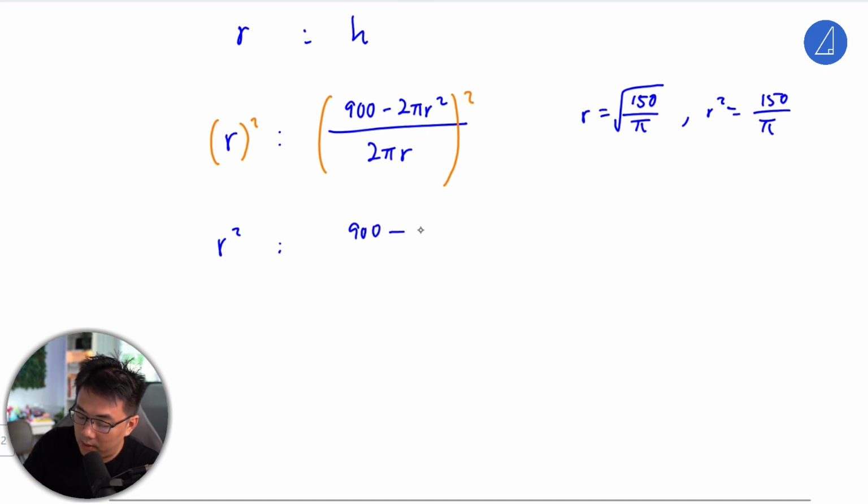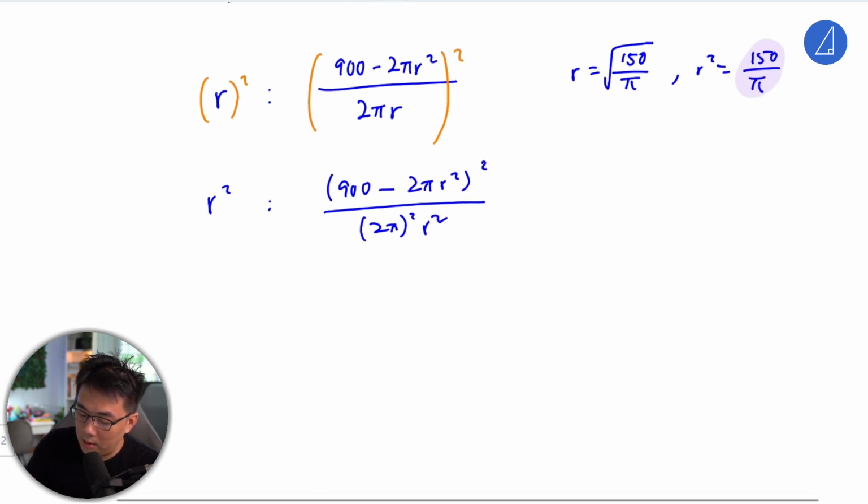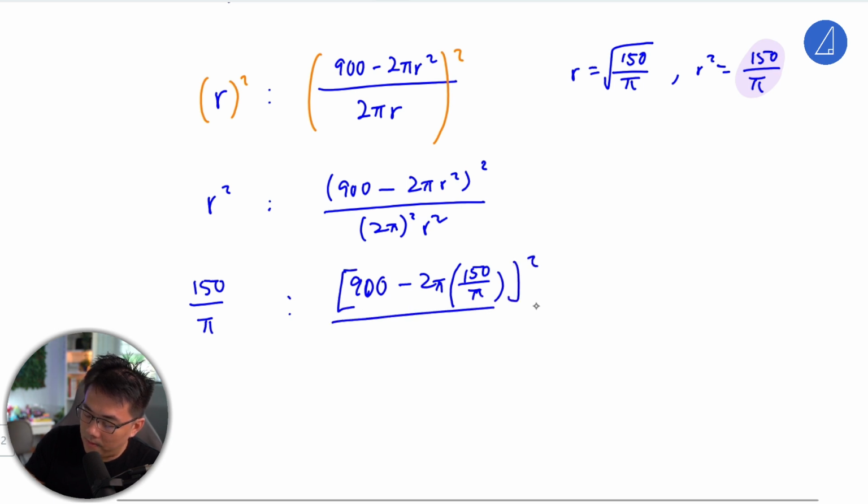So H square is (900 minus 2 pi R square) over 2 pi R square below. I'm just going to replace R square in. That'll be easier. So that'll be 150 over pi, and then this will be 900 minus 2 pi times 150 over pi, squared, over 4 pi squared times 150 over pi.